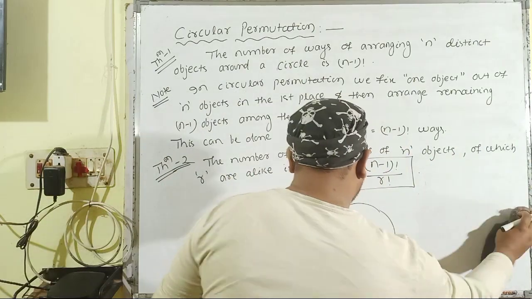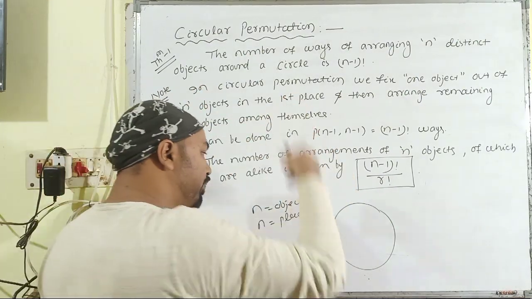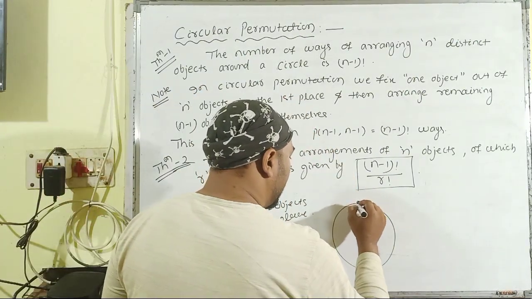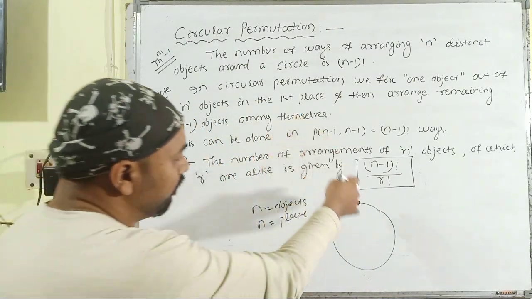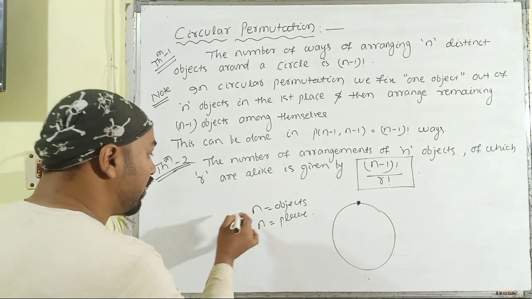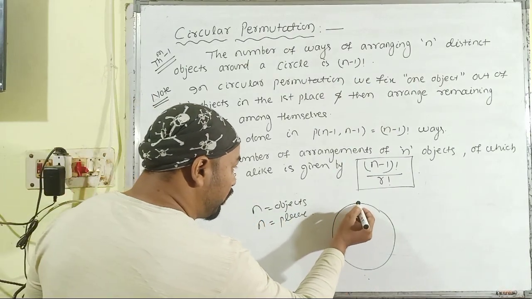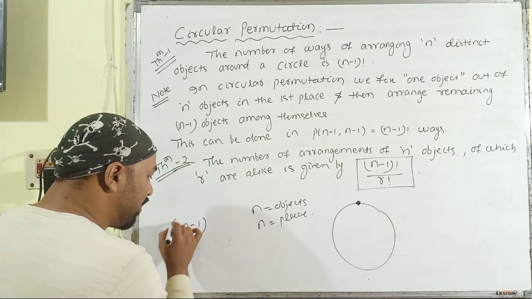To arrange n objects around a circle, first of all you have to fix an object in a fixed place. After fixing one object out of n objects, the remaining objects are n minus 1.